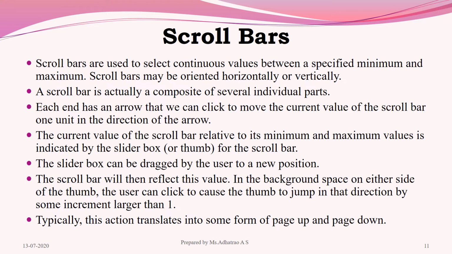In the background space on either side of the thumb, the user can click to cause the thumb to jump in the direction by some increment larger than 1. Typically, this action translates into some form of page up and page down.